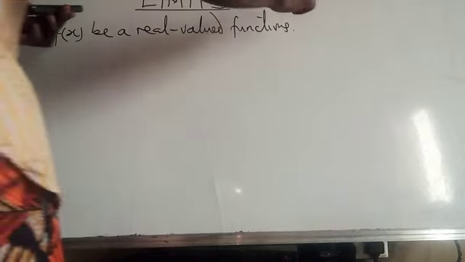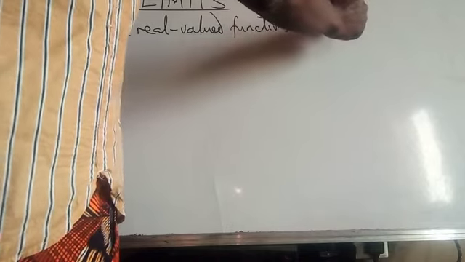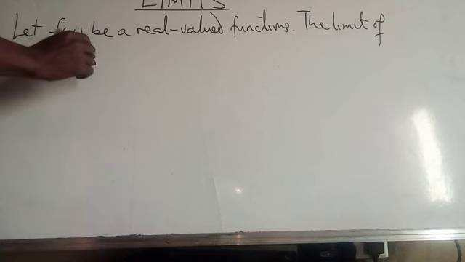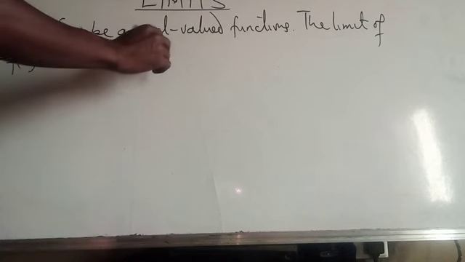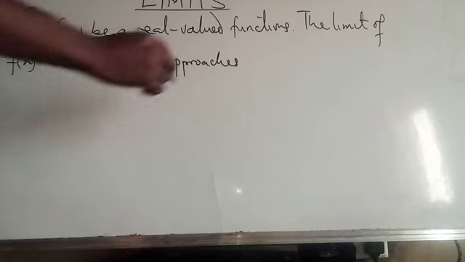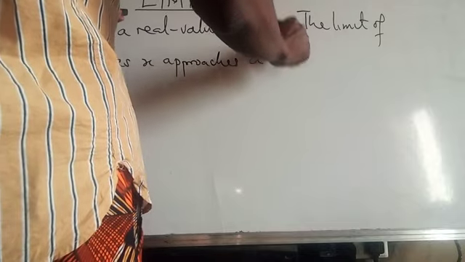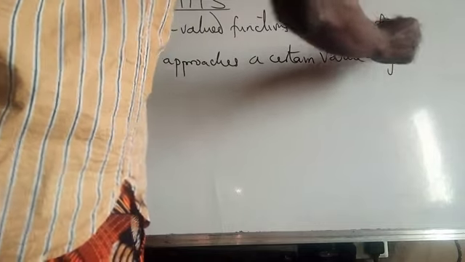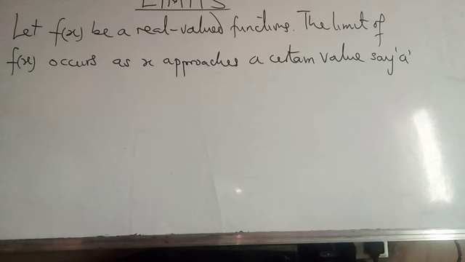The limit of f of x occurs as x approaches a certain number, a certain value. Say a. Let's use a as the number it approaches.